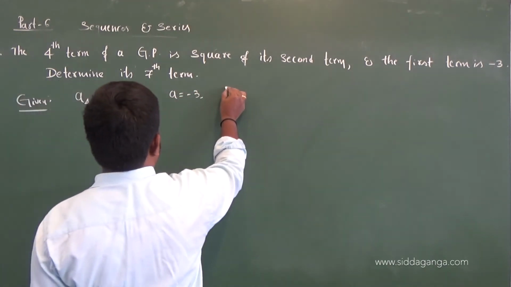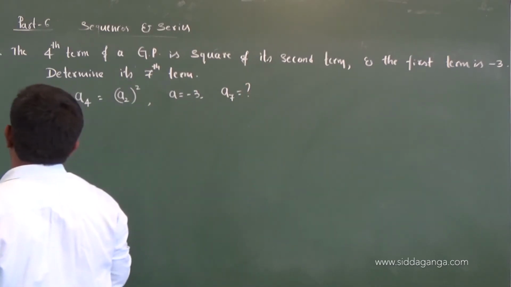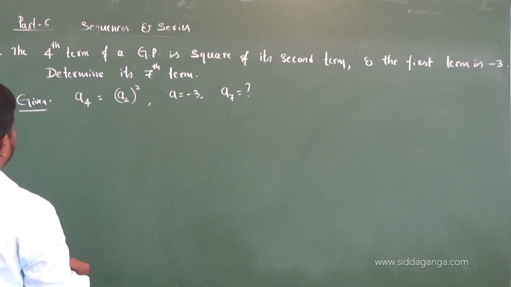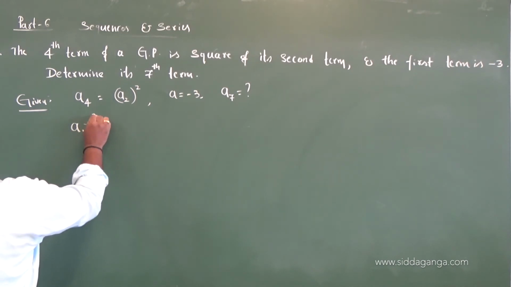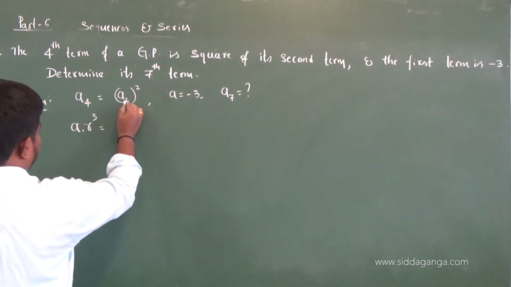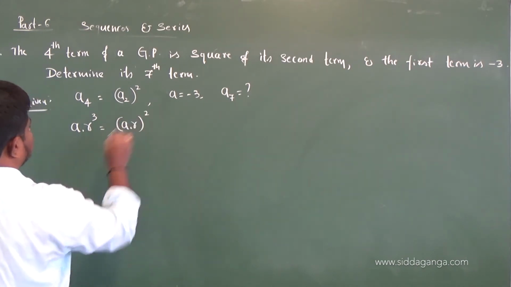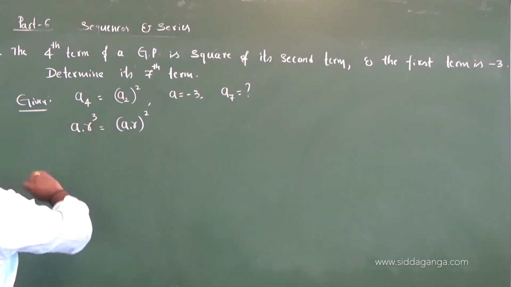The seventh term you have to find. This is the given thing. What is the fourth term? A into R cube is equal to the square of the second term. So the second term is what? A into R, whole square, right? For a GP, AR cube is the fourth term, AR is the second term.